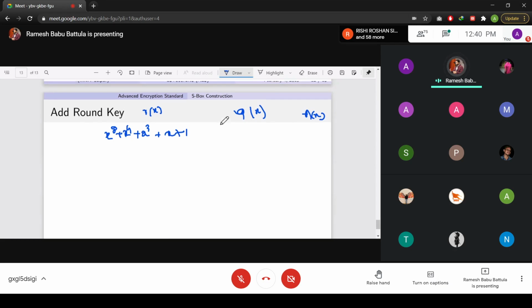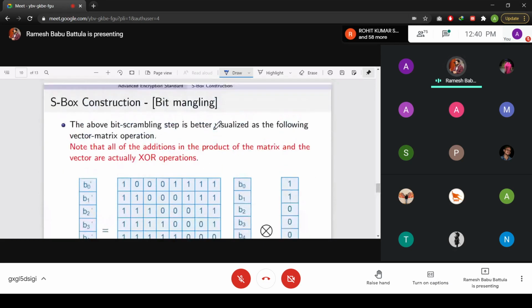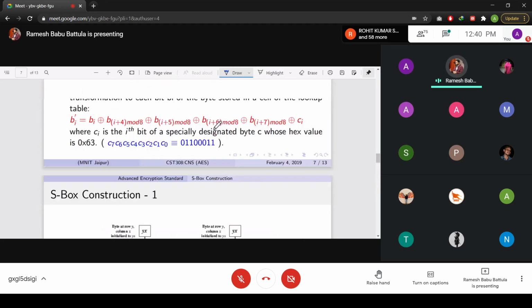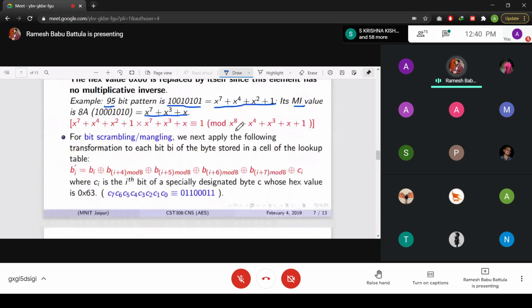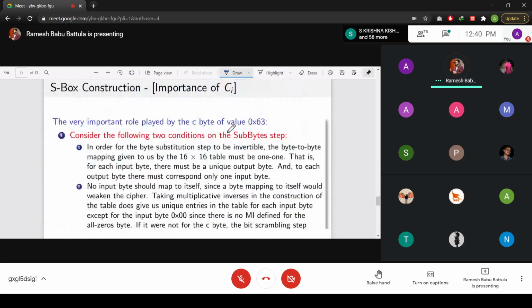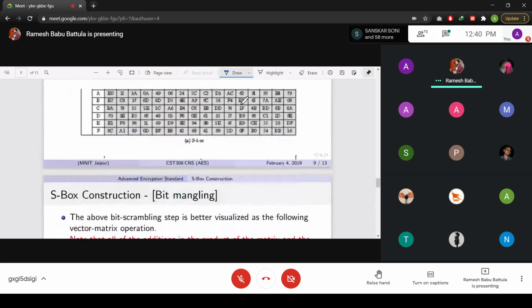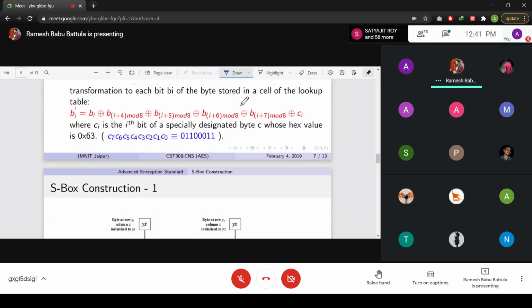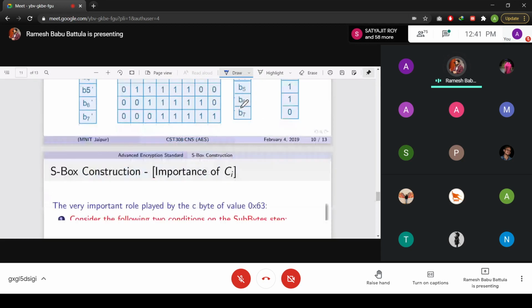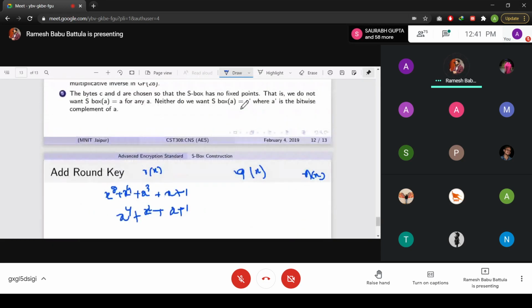So the next value is going to be x to the power 7 plus x to the power 4 plus x square plus 1. Correct, I'm sorry.